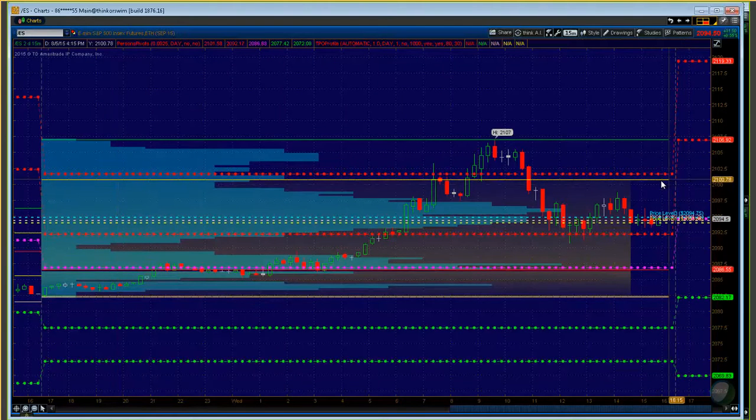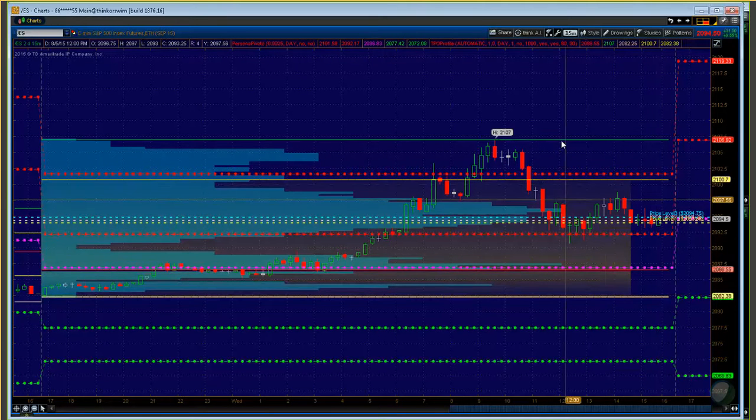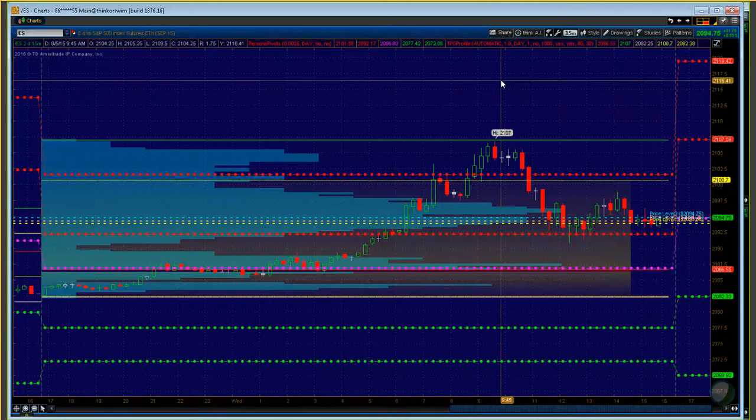This is the top of the value area. These are pivot points, by the way. Most of you know that. Top of the value area, bottom of the value area, and let me hide the pivot points. We can see what our trading range could be tomorrow if we're looking at the pivot points, and it's just right on top of the pivot point for tomorrow.